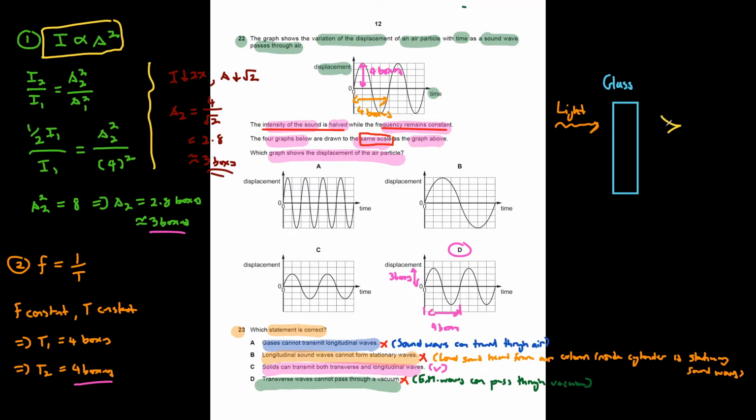If you have someone right over here, you can actually see the light, right? So that would mean that transverse wave can pass through solids. Glass is solid, okay? Light is transverse wave. So you shine light through glass, you can actually see the light at the other end, right? So this is actually proof that transverse wave can pass through solid.